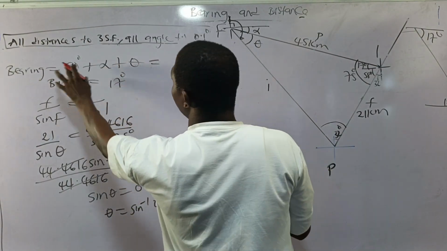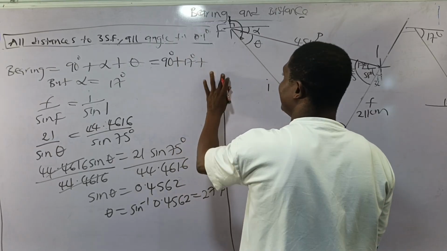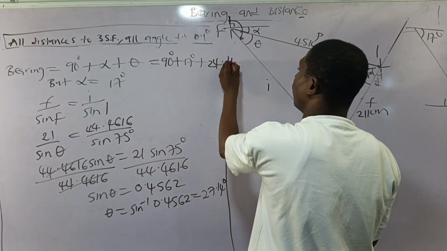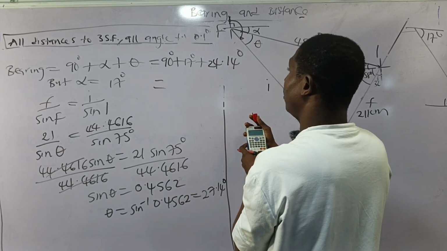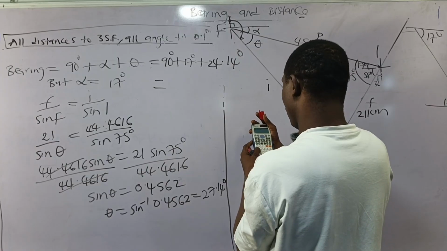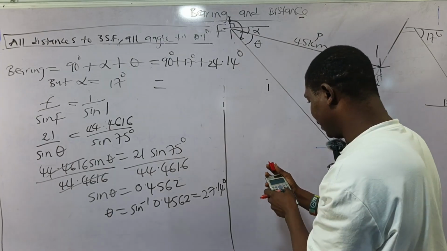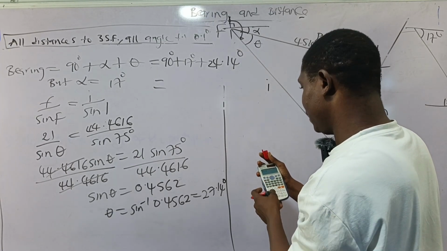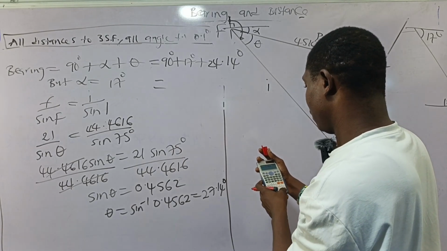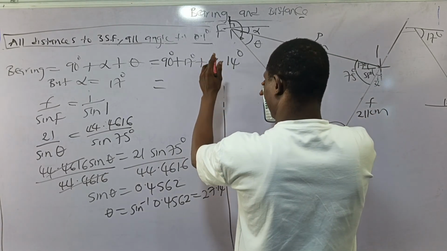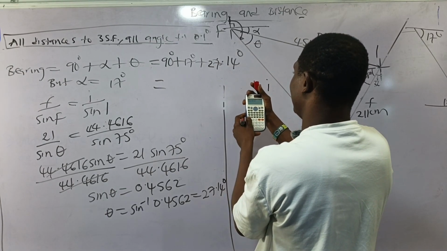Therefore, I will have my bearing equal to 90 degrees plus my 17 degrees here plus my theta, 27.14 degrees. So I have 90 plus 17 plus 27.14.